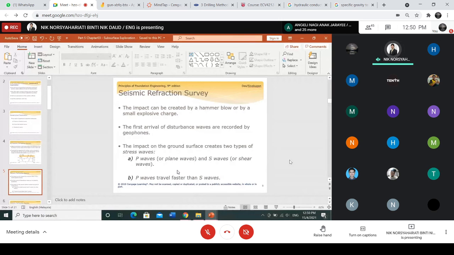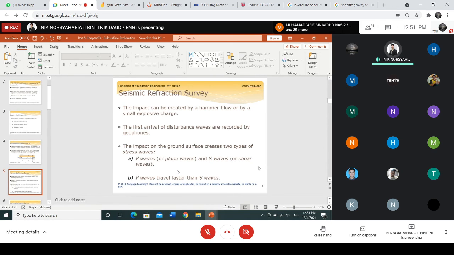So for the seismic refraction survey, we use a wave. The first arrival of the disturbance wave can be recorded by special equipment called geophones. For that, there are two types of stress wave that can be used, which are P waves and S waves, also called the plane wave or the shear wave. The P wave, of course, travels faster than the S wave.